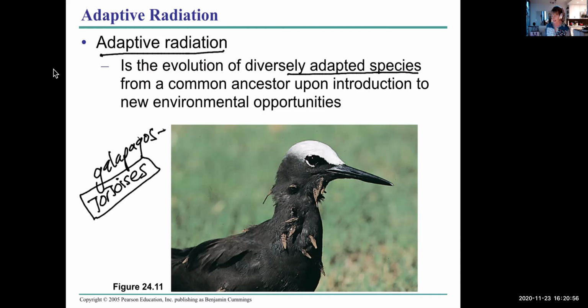So you find tortoises who could very easily have gotten to the Galápagos on, well, I guess they would have gotten there on rafts because they're land animals. And then they ended up on different islands. And the tortoises on these different islands are different. The different islands, different tortoises.